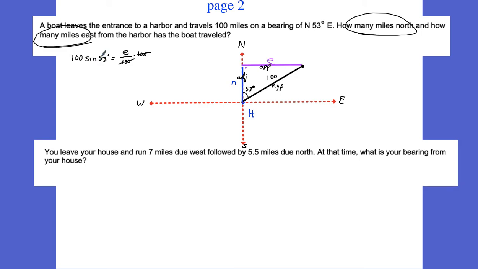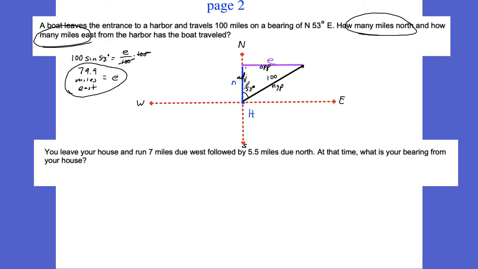I get 100 times sine of 53 equals 79.9. And it did not specify what to round to, so we'll just round to the nearest tenth. So 79.9 miles east is E. So that's our first answer. That's how far east the boat traveled.